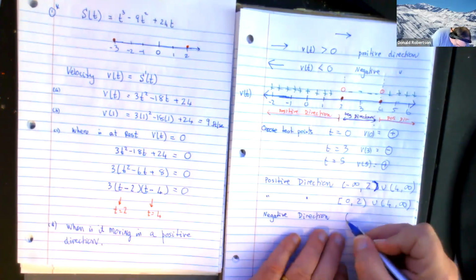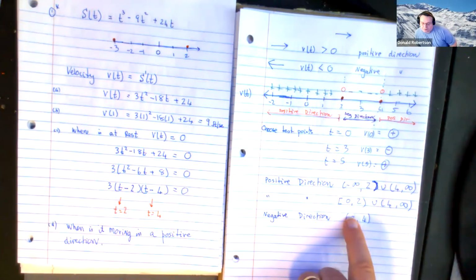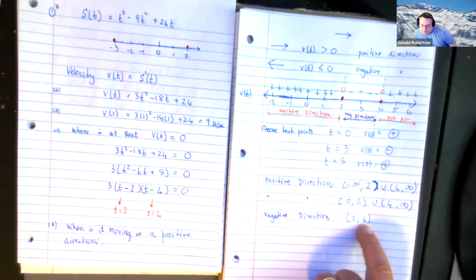And the interval is from 2 to 4. Now, this is interval notation. It doesn't mean the point 2, 4. It means all the values of time from 2 to 4.